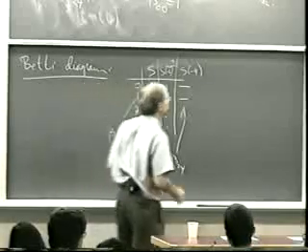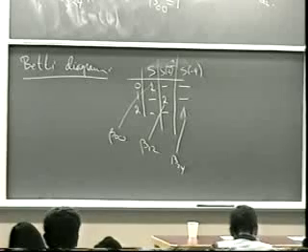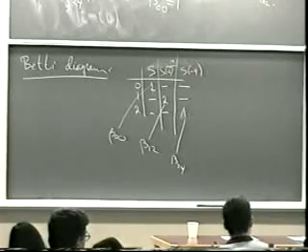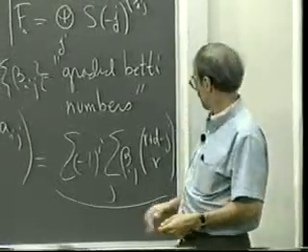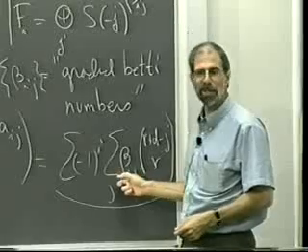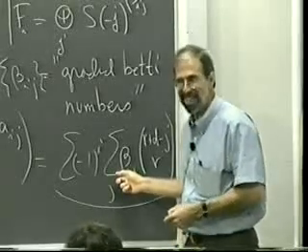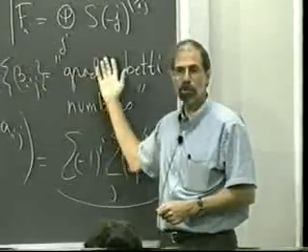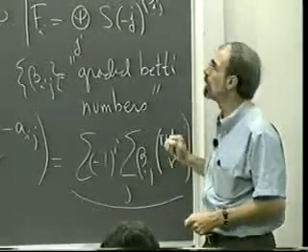So, little digression, what is a minimal free resolution? I didn't say anything about uniqueness of these invariants, and nobody was nervous enough to ask, or maybe you're all just too well educated to ask. But if I'm going to use these beta ij's as invariants to define something, maybe they should be invariant under something. And in fact, they're not. I could have taken any free resolution to make this computation, and I could get different sets of beta ij's.